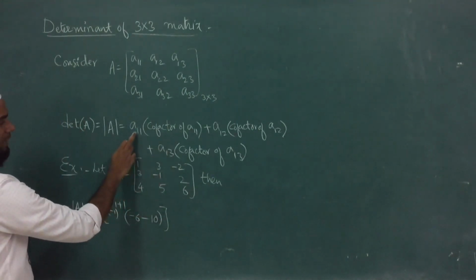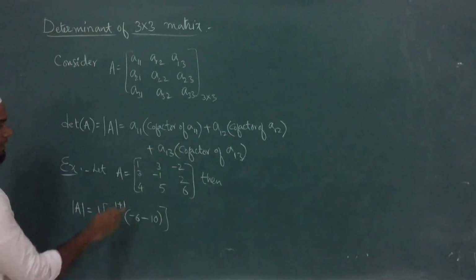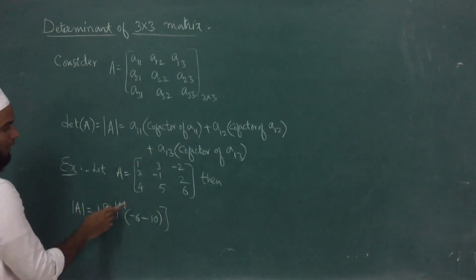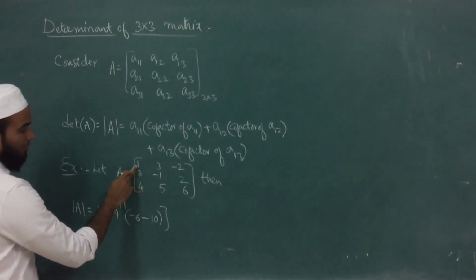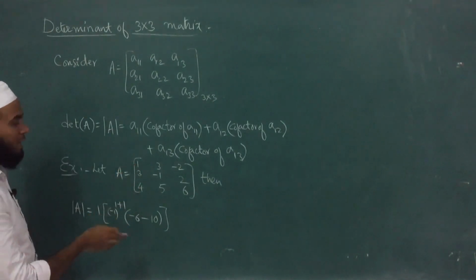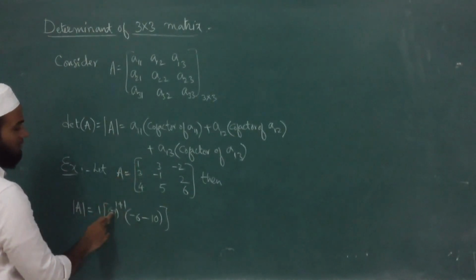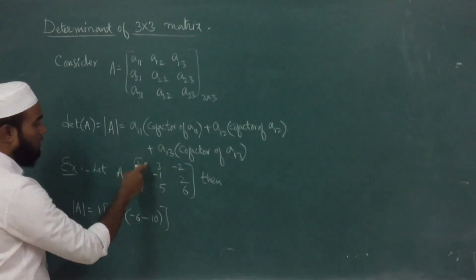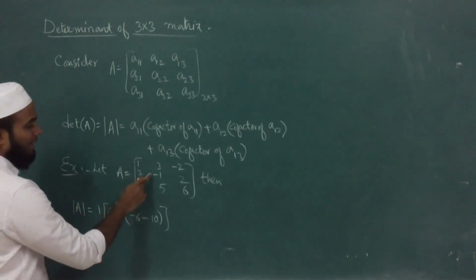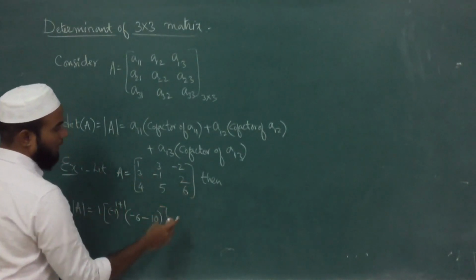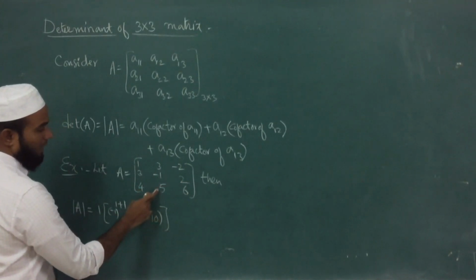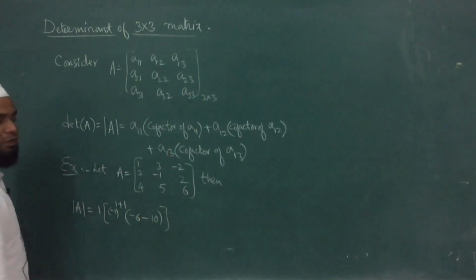This we have completed, A11 into cofactor of A11. So, first entry 1 into cofactor of 1. Just now we have defined the cofactor. How do we find it? Minus 1 power its position, first row, first column. So, 1 plus 1 and the determinant of this remaining 2 by 2 matrix, minus 1 into 6 minus 5 into 2. That is what we have got.